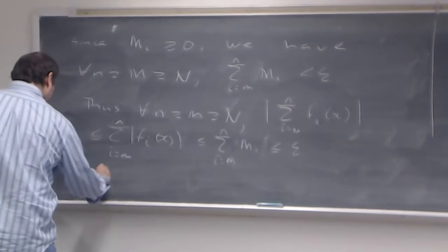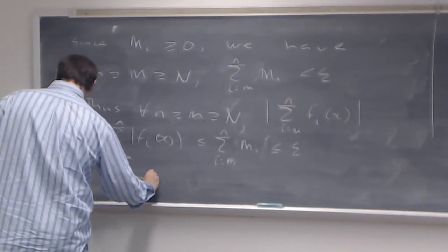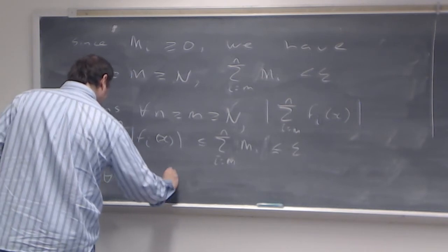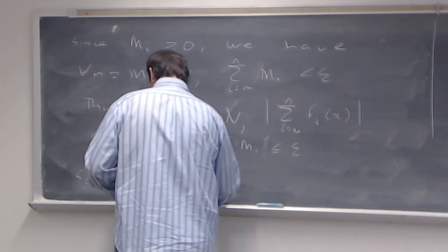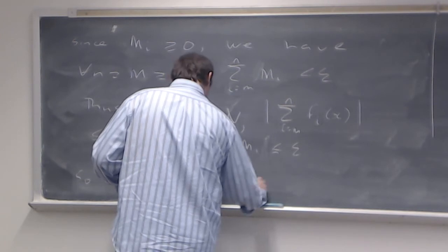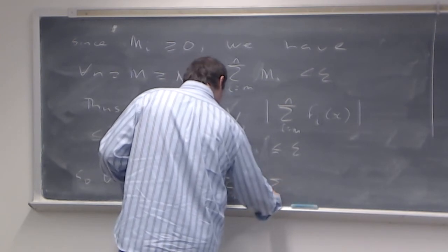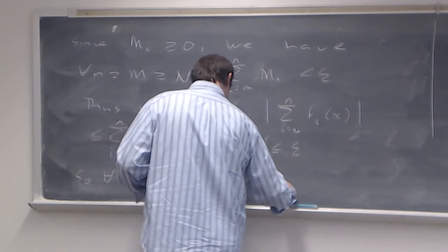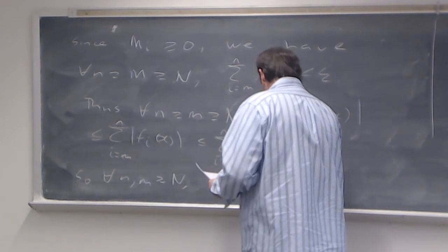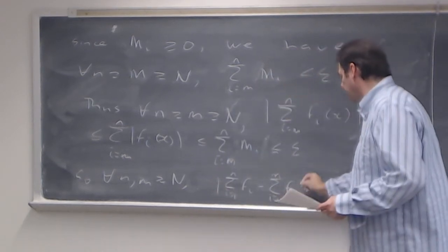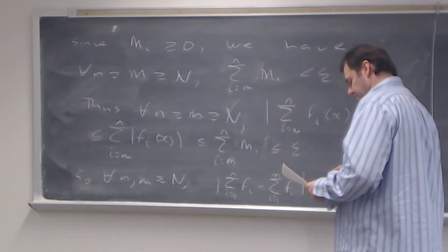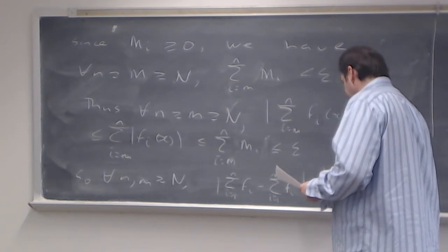So, for all n and m bigger than or equal to big N, the sum as i runs from 1 to n of f sub i minus the sum as i runs from 1 to m of f sub i. Okay? That guy is equal to, what I'll rewrite it as, an absolute value of the sum.